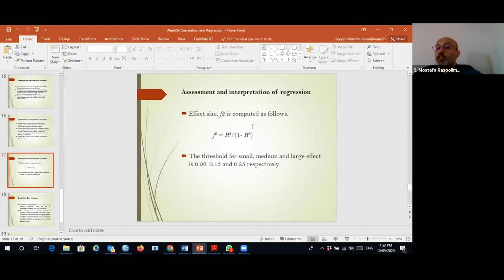So 0.2 divided by 0.8 equals 0.25. Right? So this is F square.